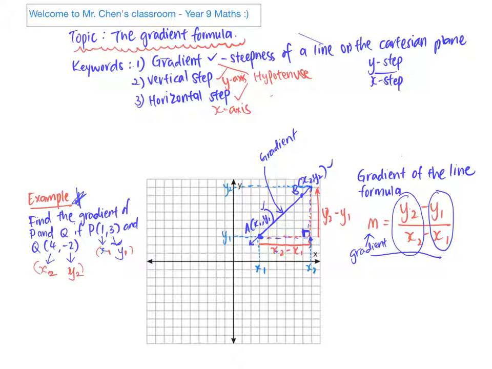So if we follow that formula, we're going to put this in here. We are looking for gradient.